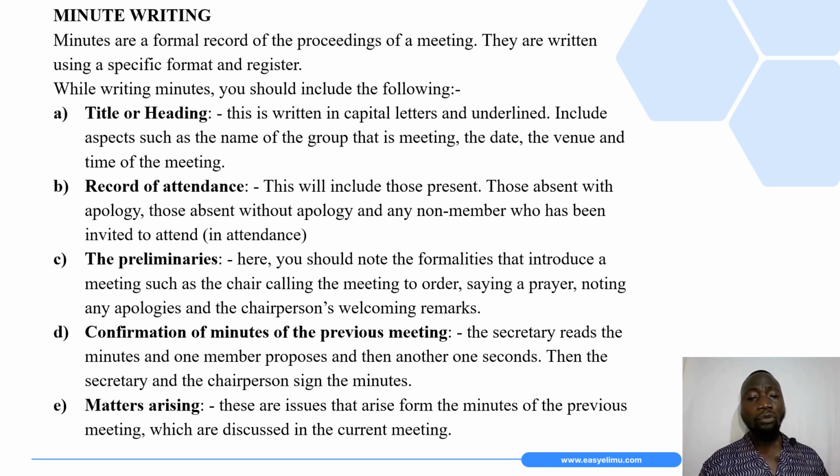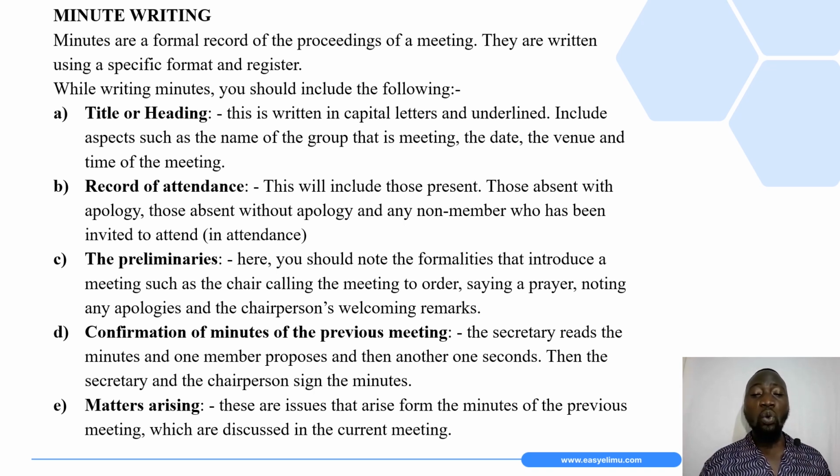Then we also have what we call in attendance. Under in attendance, this is where we write names of any non-member who has been invited to attend. In that order, beginning with the first one, that is members present.